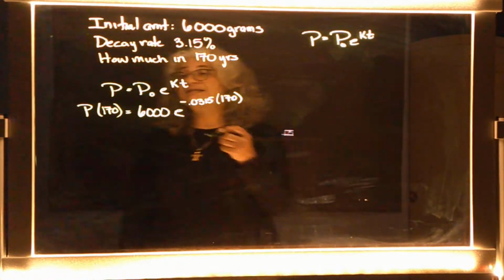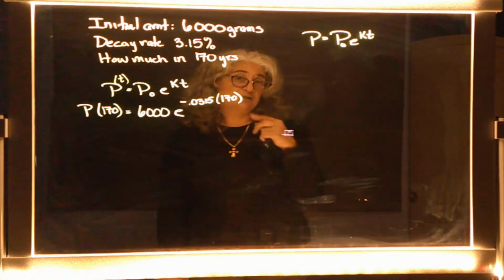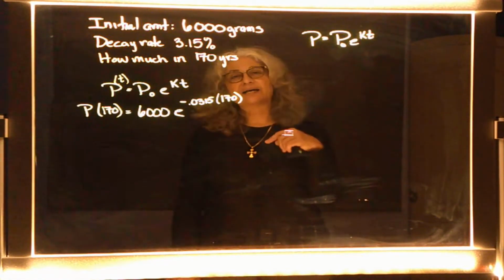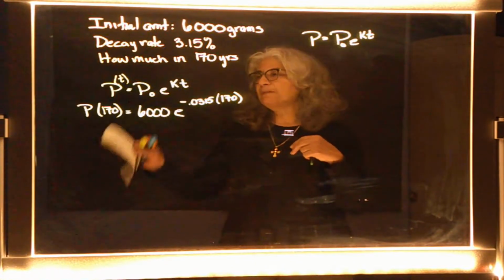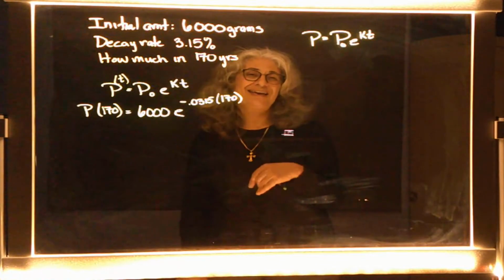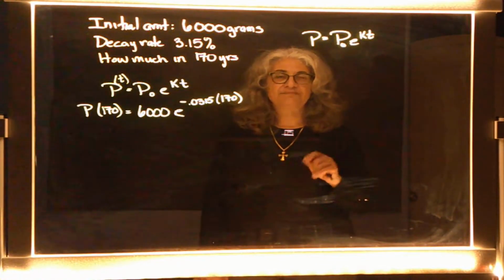Because technically this is a function, so you would write it as P of t. The population or the ending amount at time t. If you remember from the last, the exponential growth lecture video, the P could be written as any kind of variable. Sometimes they use N, sometimes they use P, whatever floats their boat, okay?